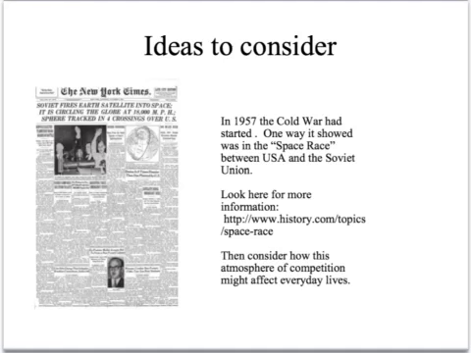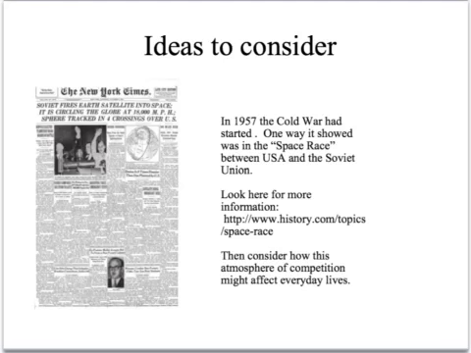But I've included here a picture from the New York Times newspaper, where the headline itself not only is giving information, but is beginning to tie into this idea of competition and threat that I'd like you to think about, in the sense of how it might affect everyday lives and the attitudes of people living at that time.